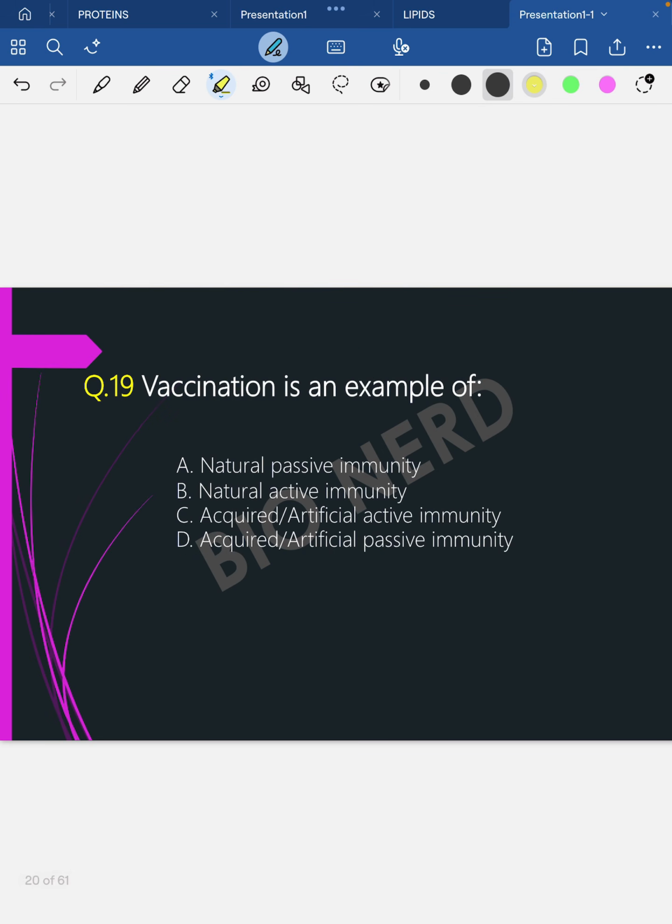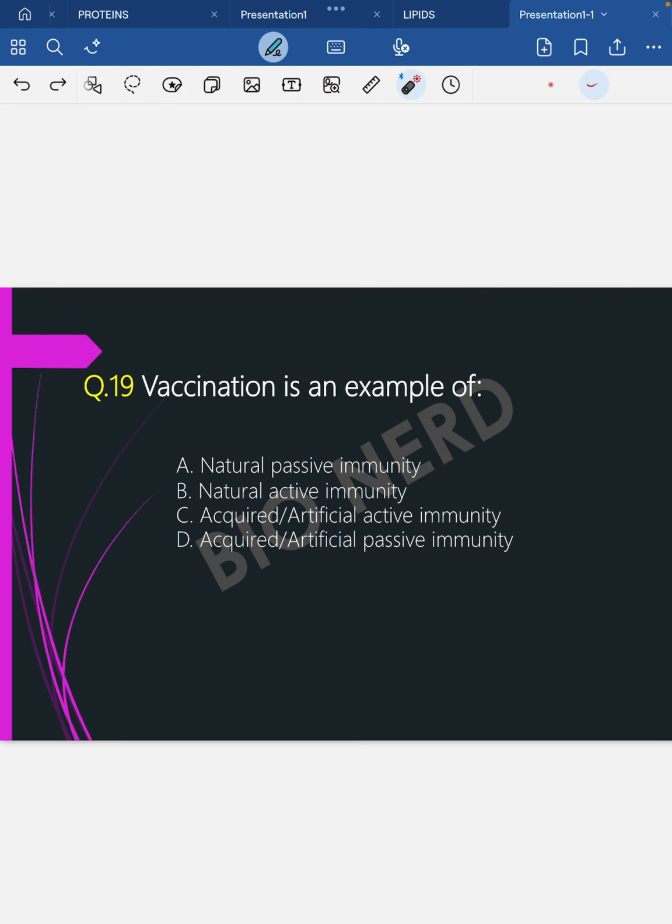19. Vaccination is an example of. Just recall the topic of vaccination. What is vaccination? In the process of vaccination, weak germs or dead germs are injected into a healthy person to activate the immune system of that person. Killed germs or weak germs are injected into the body artificially. It means vaccination is not an example of natural immunity.